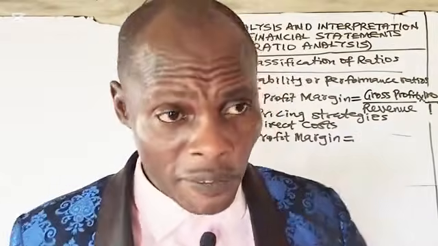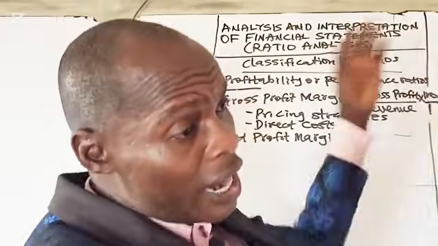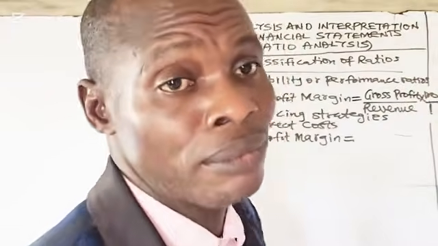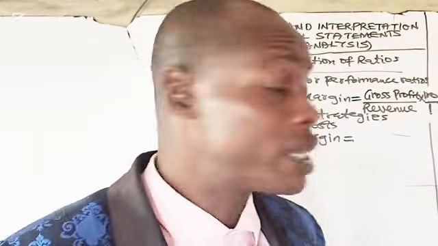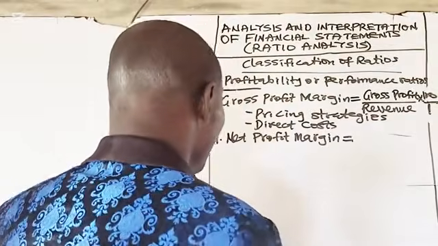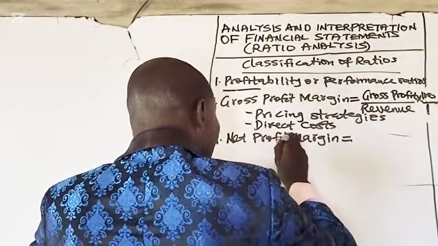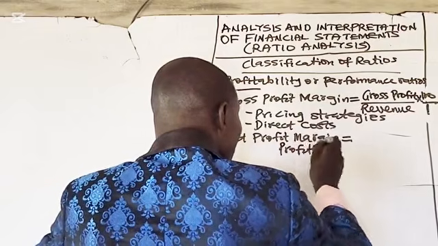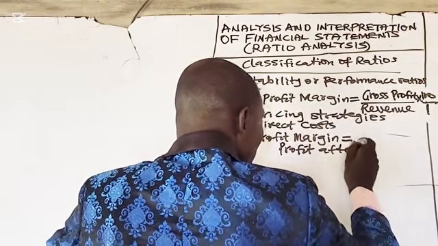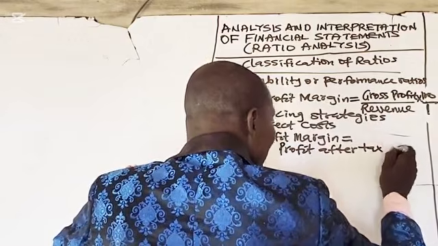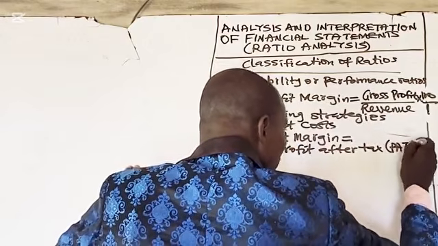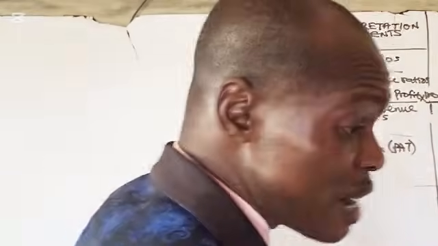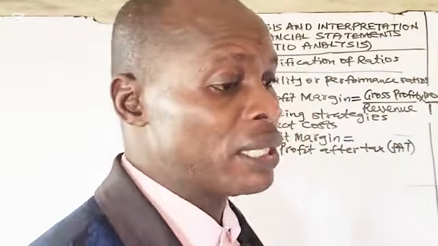It is profit after the deduction of all expenses, including tax. After tax has been deducted, that means the profit you use here should be the profit after tax. That is the profit to use whenever you are calculating the net profit margin.